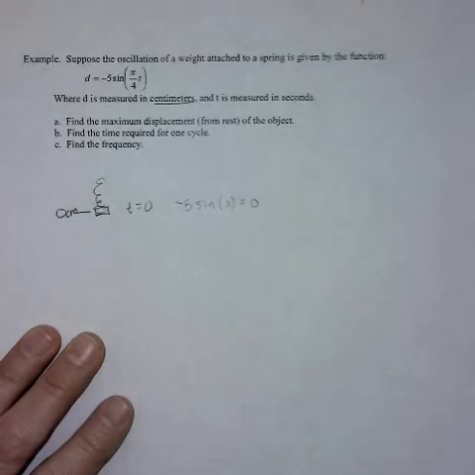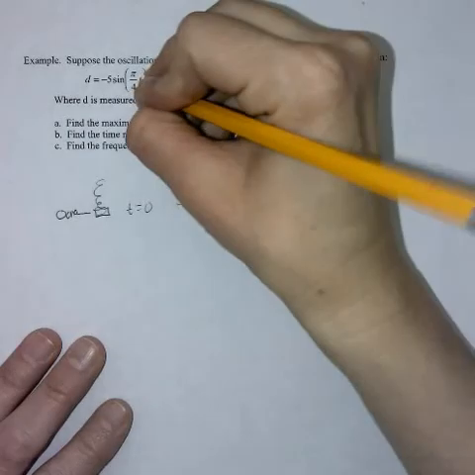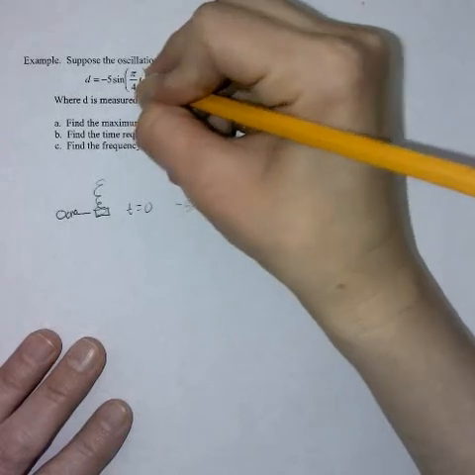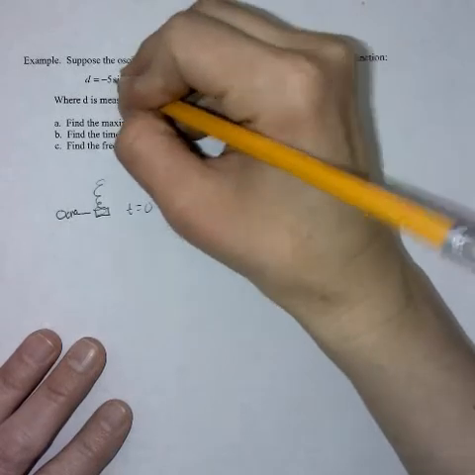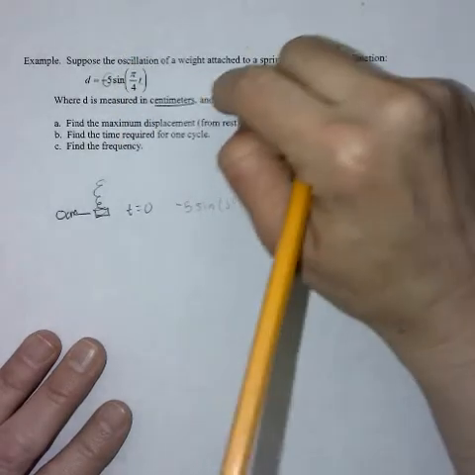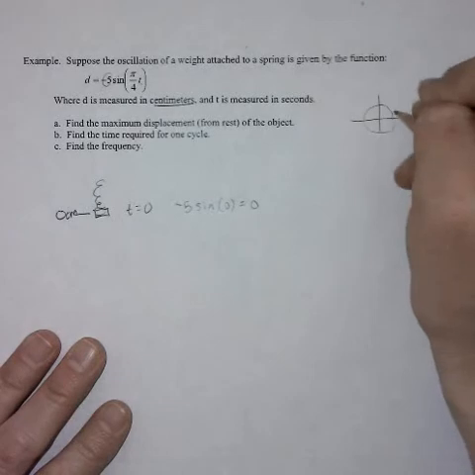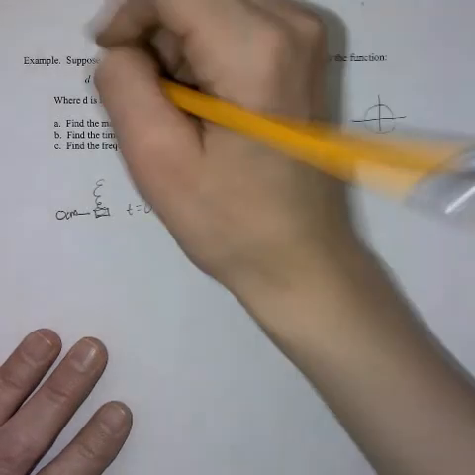Then what's going to happen is, because this is negative, think about your sine value as you go around the unit circle. It's positive first, so this is first going to become negative.